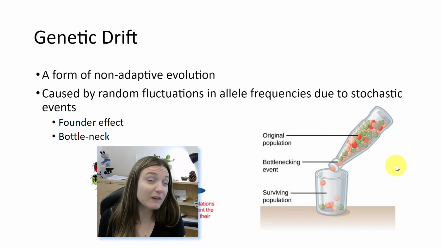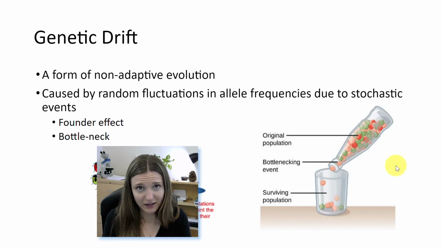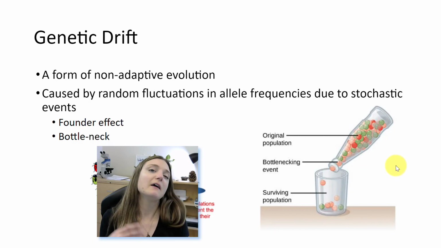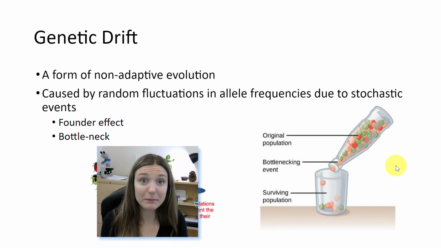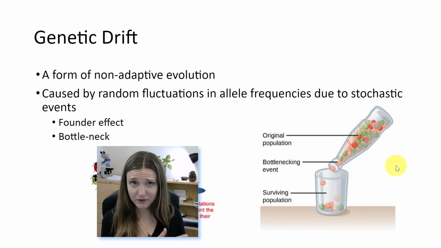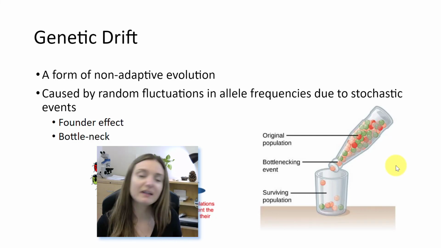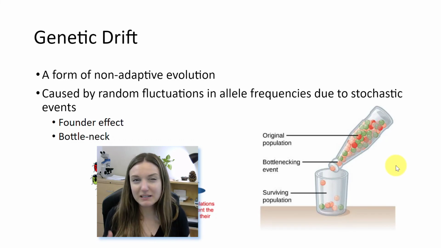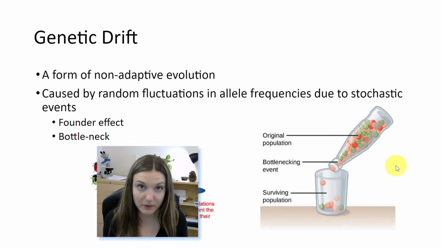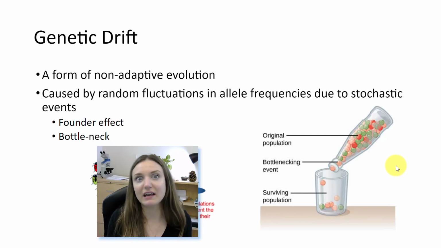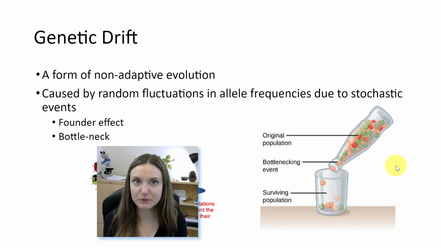Those that make it through this bottleneck event don't necessarily survive because they're better suited for the environment. They make it through just because they happen to be in the right place at the right time, right? So let's say a forest fire goes through an area. The trees that survive don't necessarily survive because they are better suited to the environment, but they might survive just because they happen to not be in the area where that forest fire made it through.